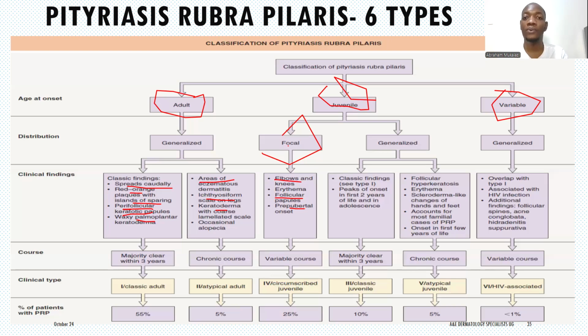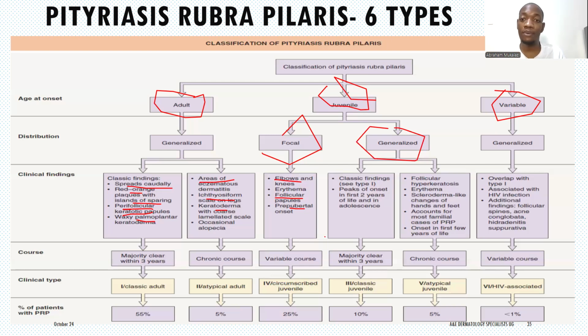Then when you go to the juvenile onset but generalized type, morphologically this is further classified into two: the typical type, or the classic juvenile PRP, which is similar to the one we've seen in adults, or the atypical juvenile type, which is also similar to what we've seen in adults, but in this case it's occurring in children.